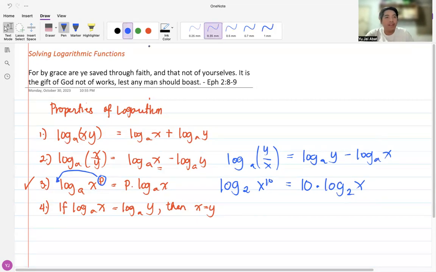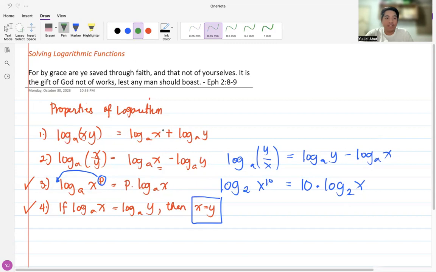And the last property that we are going to use here is that if the logarithm of x with base a equals the logarithm of y with base a, then it becomes x equals y.